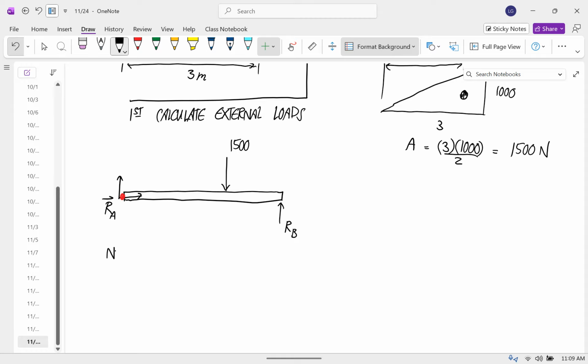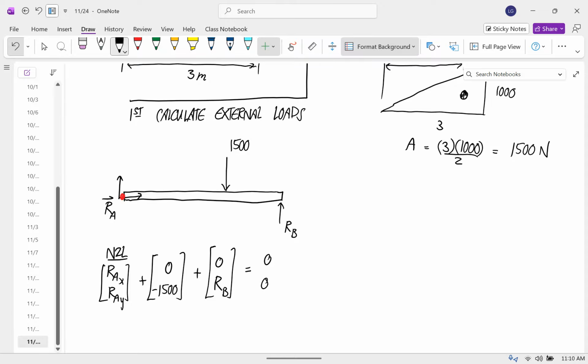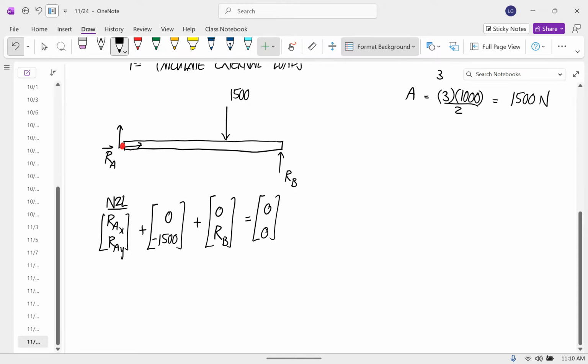So Newton's second law, we have RAX, RAY plus 0, negative 1,500 plus 0, RB is equal to zeros. And then for the moment equation, there's no moment about the red dot by RA.